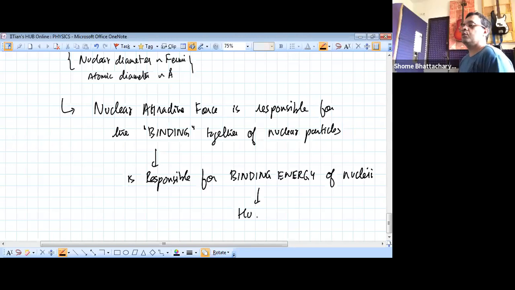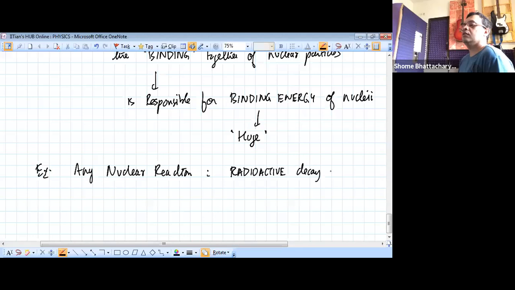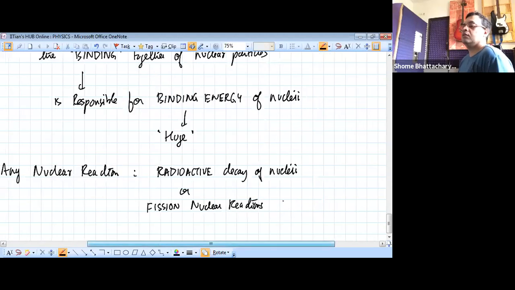So this is a very huge amount of energy. So for example, any nuclear reaction like radioactive decay of nuclei or fission nuclear reactions, for example, which happen in the sun or any star.